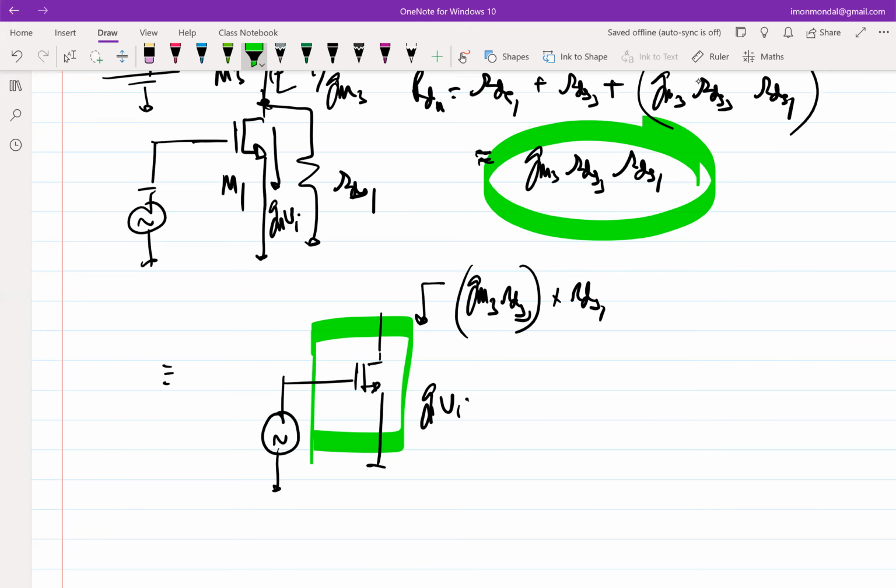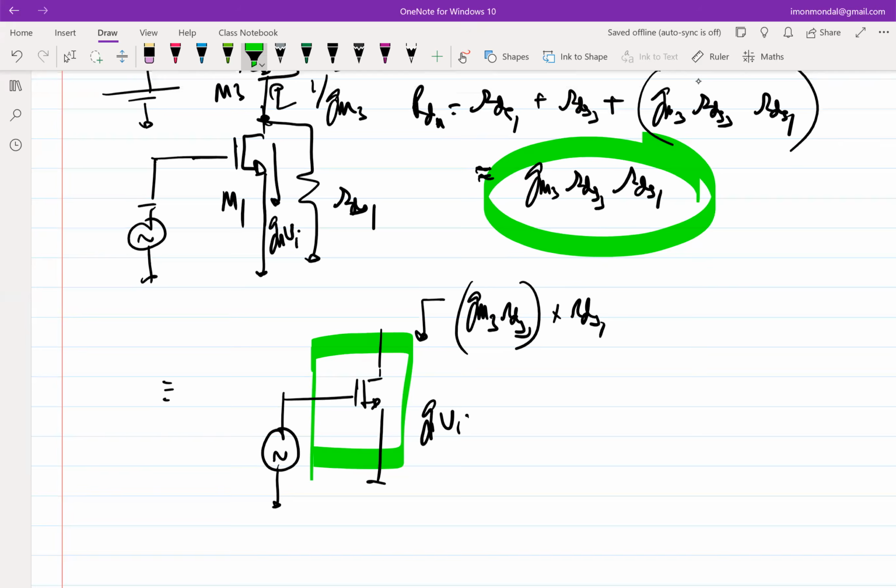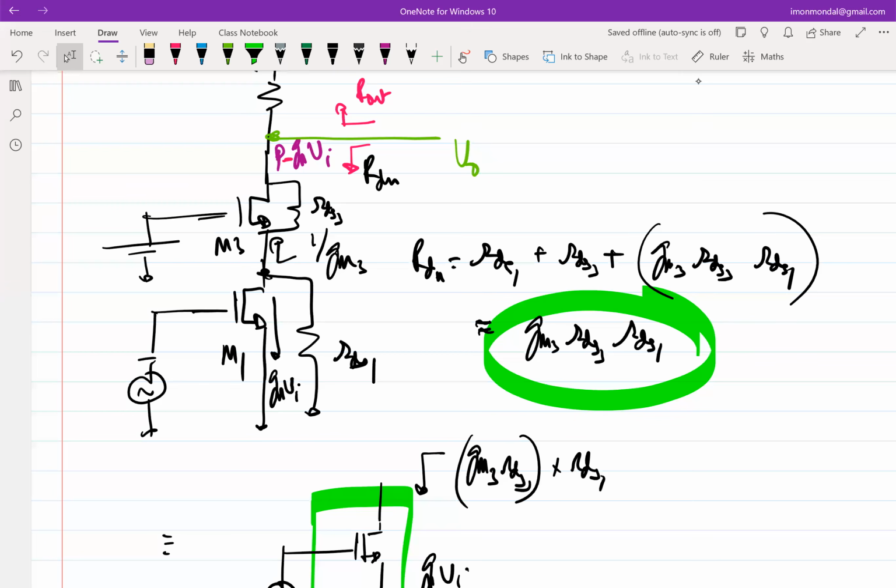So effectively, you see that putting a structure on top. This is a cascode transistor. M3 is a cascode transistor. Putting a cascode transistor on top increases the output resistance of a stage. Okay, so naturally that helps a lot in increasing the gain. Okay, make sense? Any questions about this?